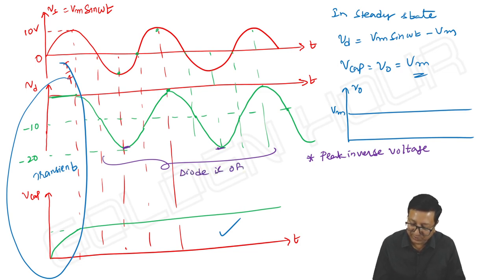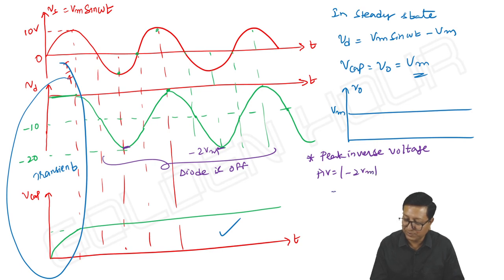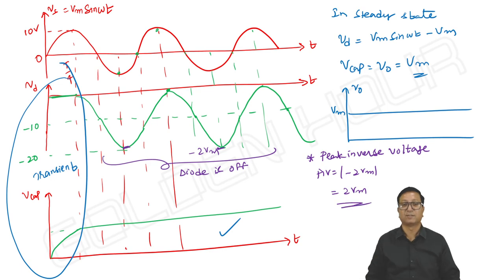Once the diode is off, what is the peak voltage the diode is experiencing under reverse biased condition? That is PIV, it is equal to 2 Vm. This is the drawback of this circuit. Other than that, you can see the best possible result. Okay, that's it.